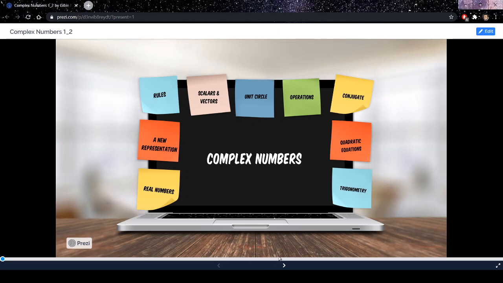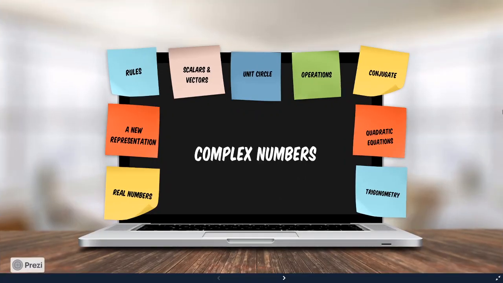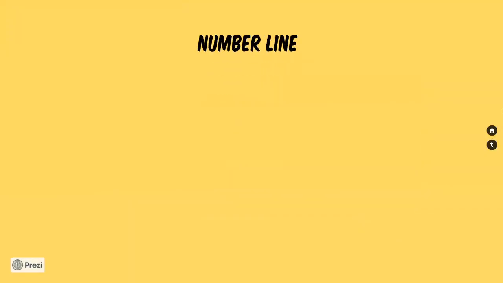So I raised to 4 is 1, and we can proceed forward like this to many other things. Coming to this, we have all studied real numbers, and we saw that we can represent real numbers on a number line. We saw that in the second class of the first chapter.